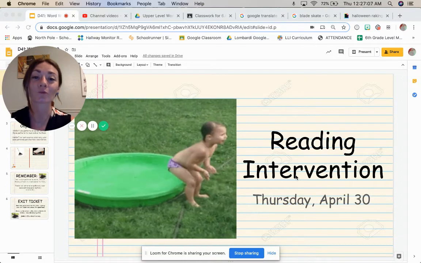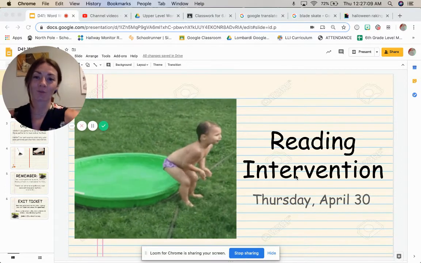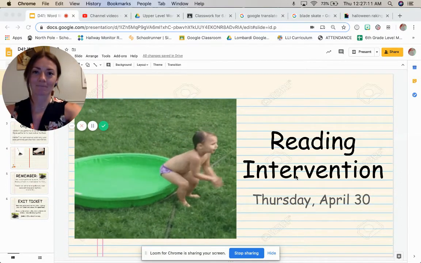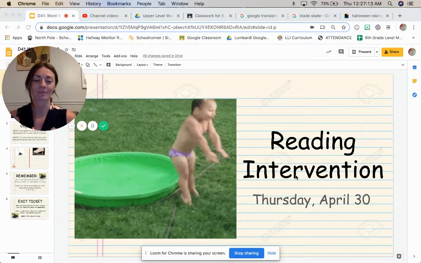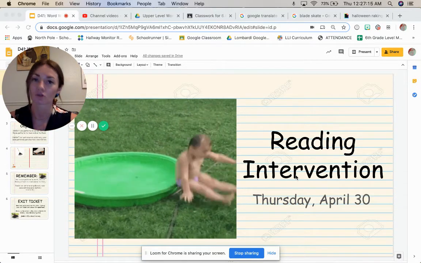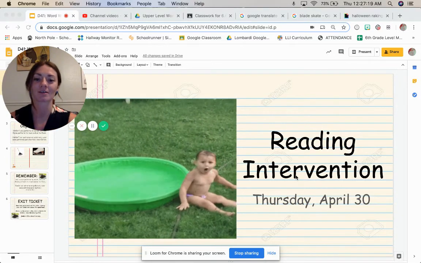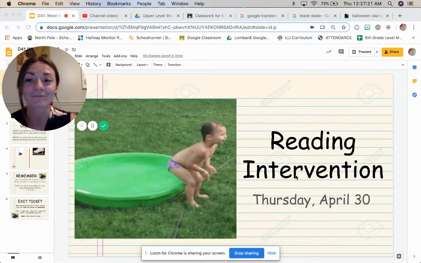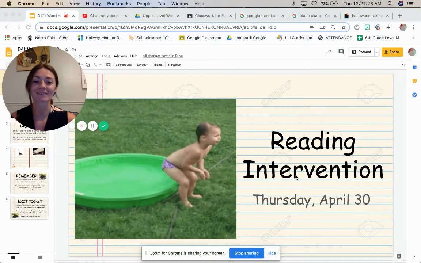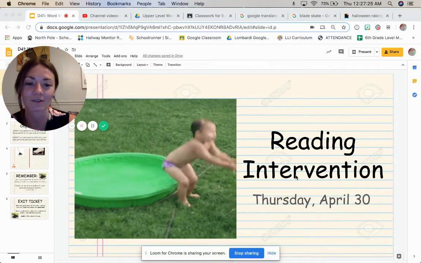I have some really good news to tell you before we start our lesson today. So, in 2 weeks, I will have a new puppy. We're going to have a puppy at our house. I'm so excited. Let's see if I can show you a picture.